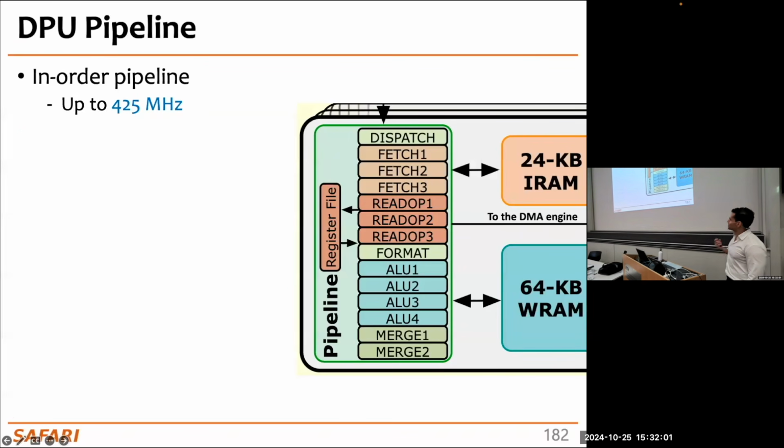As I mentioned, this is an in-order pipeline, which is a direct effect of manufacturing logic with the DRAM manufacturing process. The frequency is quite low, 400 up to 425 megahertz for an in-order core. The processor in your phone runs four times faster than this.